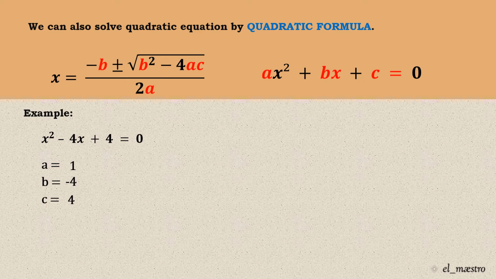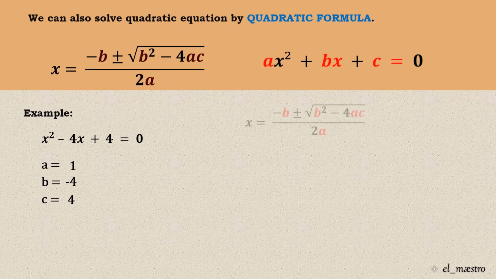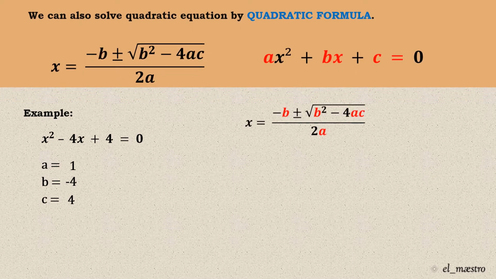Okay. Since we have identified our a, b, and c, we're now going to substitute them into our quadratic formula. You saw in the quadratic formula we have negative b, b squared, a, c, and over 2a. So all the values of b, c, and a that we got from our equation, we substitute them there.